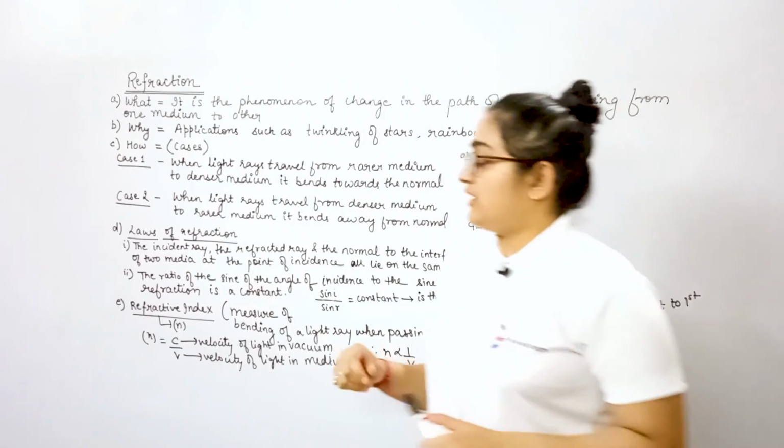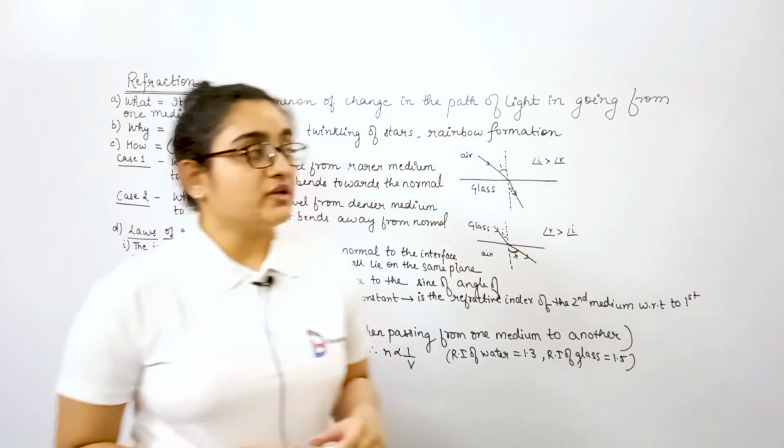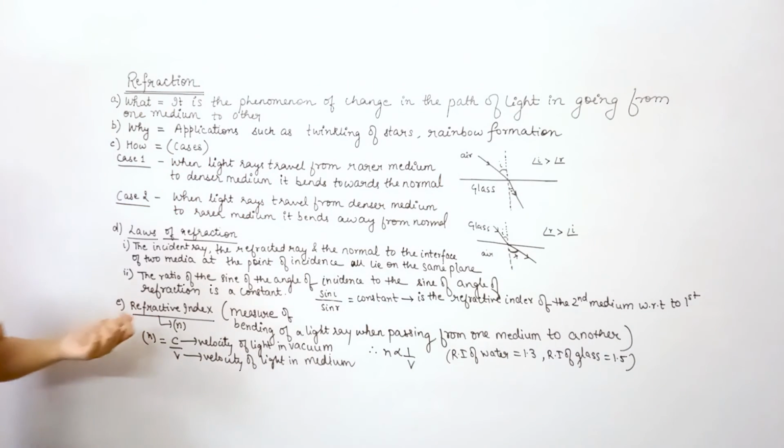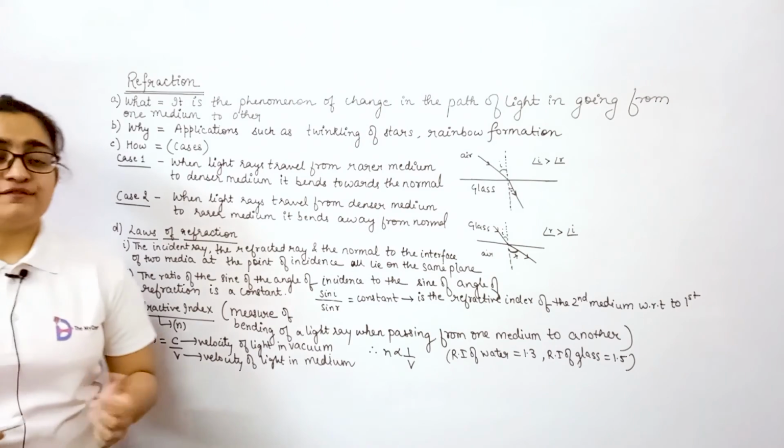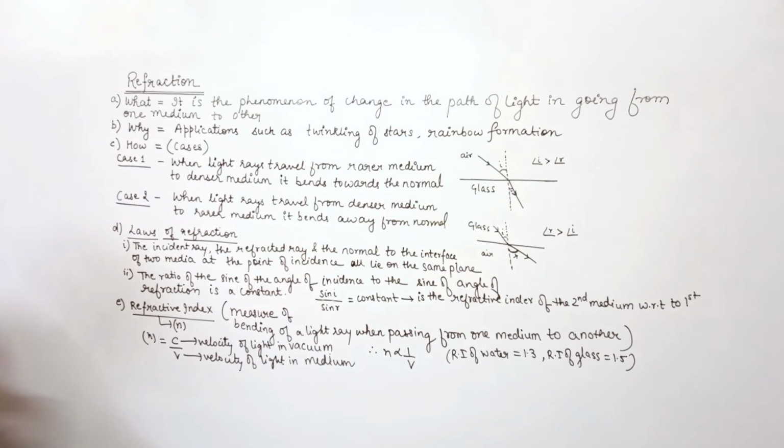Fine. I hope you all have understood the concept which we have discussed today, basically the refraction concept, what exactly refraction is, why we are studying it, and the cases of how exactly refraction happens. Then the laws of refraction, the first law of refraction, the second law of refraction, which is also called Snell's law of refraction.